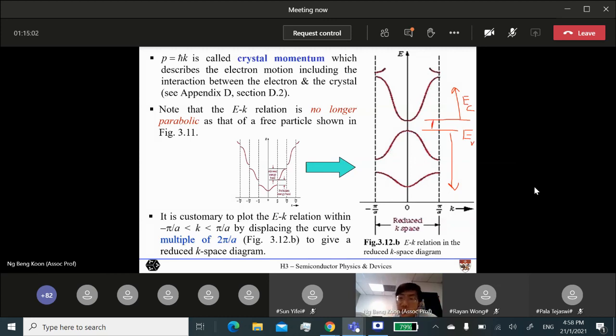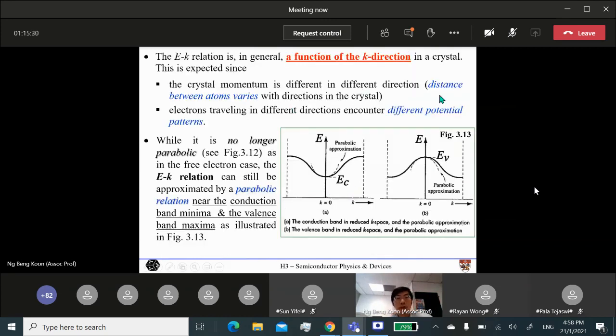In fact, if you look at this E-k relation, it's no longer a purely parabolic relation. It's a funny parabola, especially near this region. It's still about parabolic, but as you go higher up, it curves differently. It's no longer the nice parabola, but nevertheless, near the band edges, it's approximately parabolic.